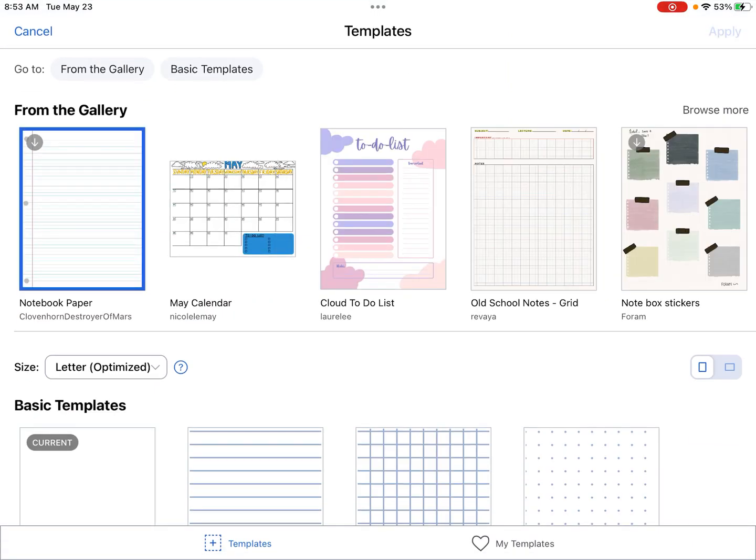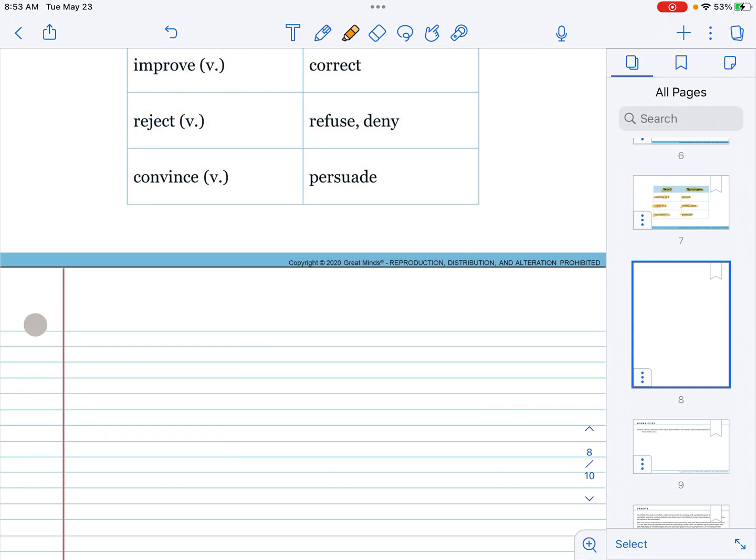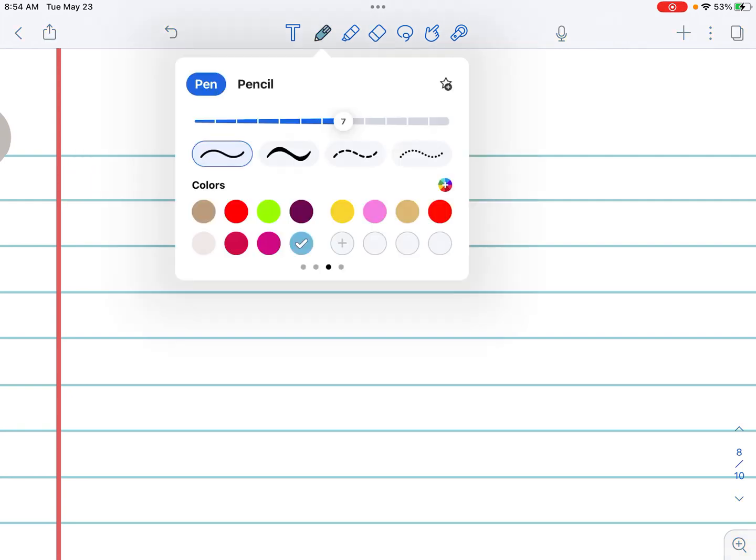So I'm going to get my notebook out. And you can open your notebook to the next blank page. Our first word is improve. I'm going to make this smaller. Write the word improve. And improve means to make better.